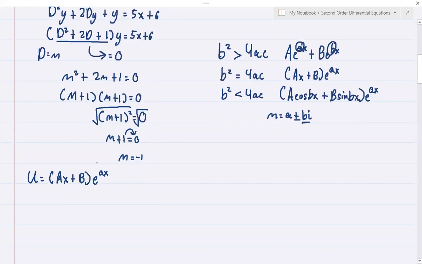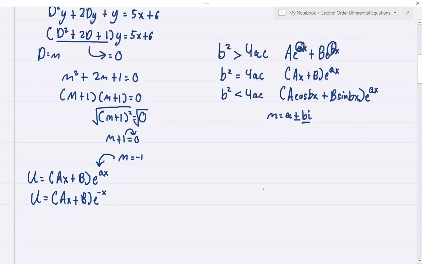So since your m is equal to negative 1, therefore you're going to substitute it to your small a, in which as a result we will have quantity ax plus b times e raised to negative 1 times x, or just simply negative x. So this is your u function.